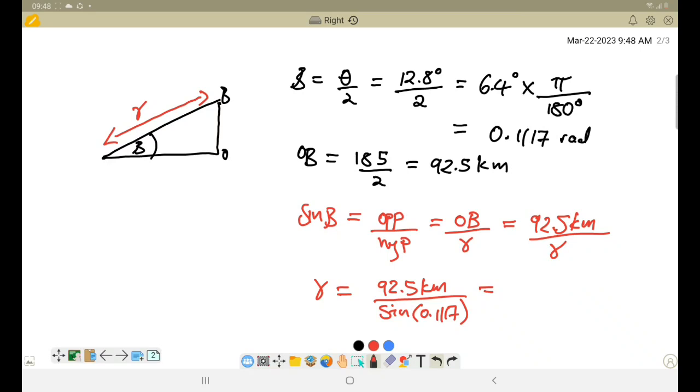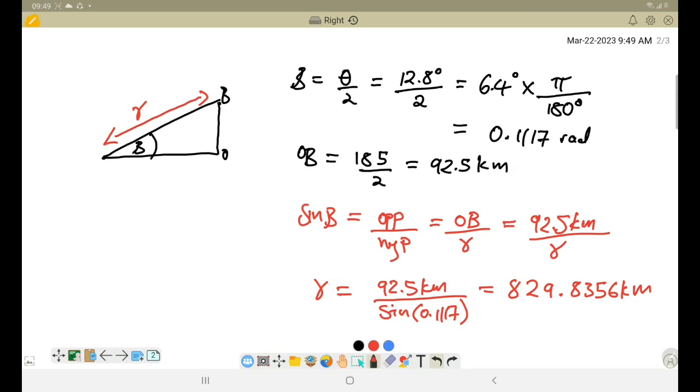Remember, the calculator must be on radian mode. So the radius is 829.8356 kilometers. So that is our R.